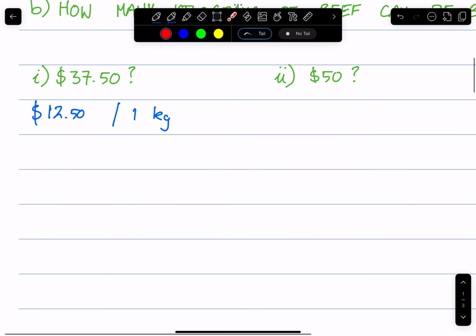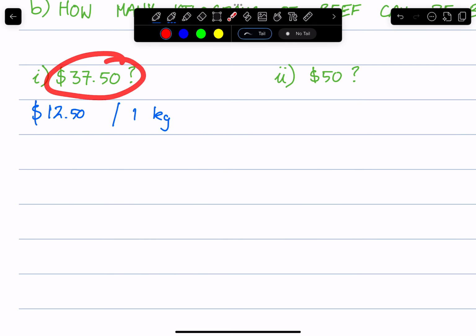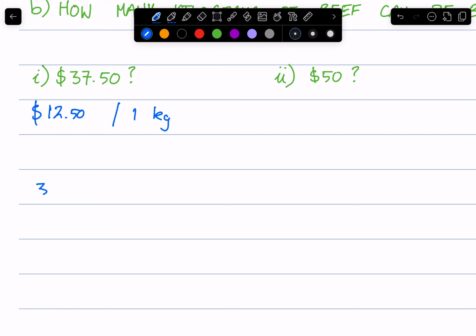So we start off here, but now notice how we're given $37.50. We now write this underneath the matching unit. Since what's given here is dollars, we write it underneath the dollars. And we're figuring out this missing number here.